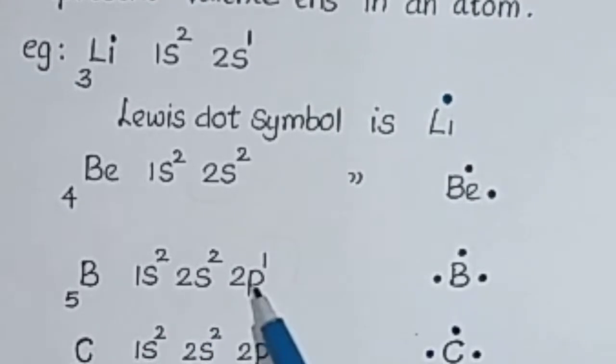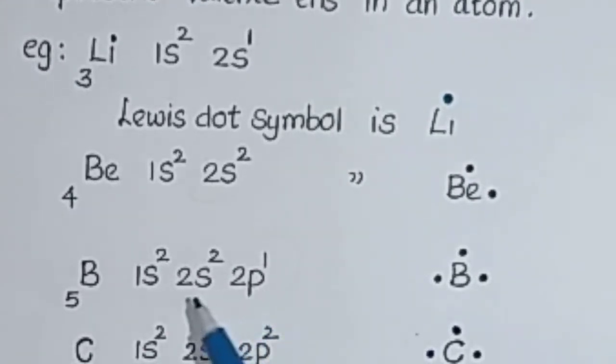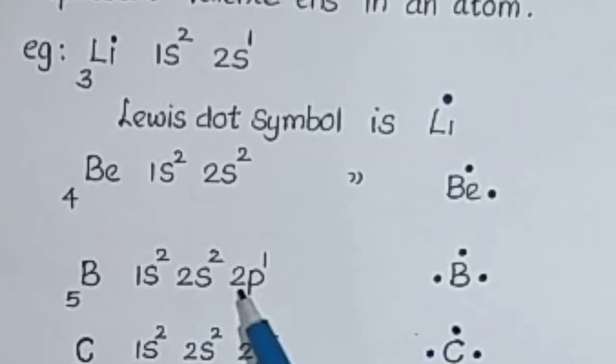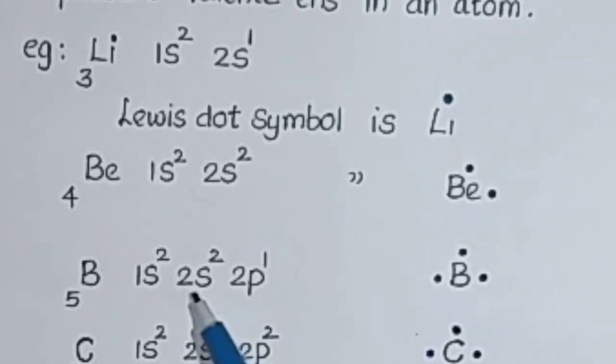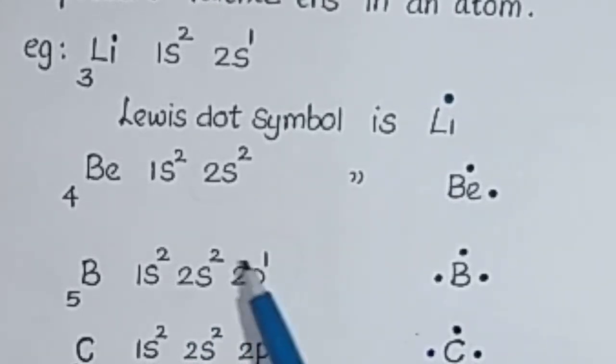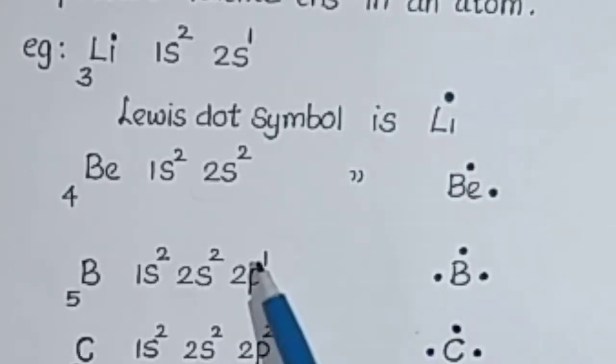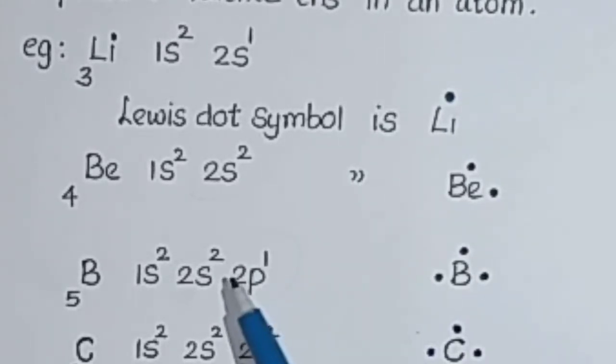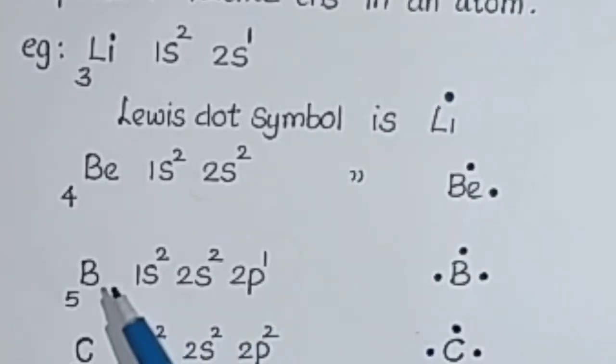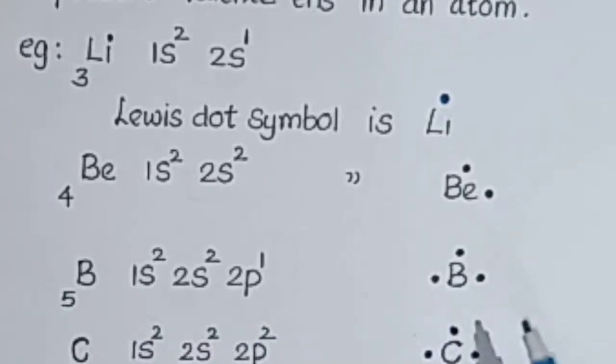S and P are subshells; the main shell is here the L shell, that is n is equal to 2. The main shell consists of 3 electrons. So main shell electrons are valence electrons, 2 plus 1. So the number of valence electrons present in this boron atom is 3.